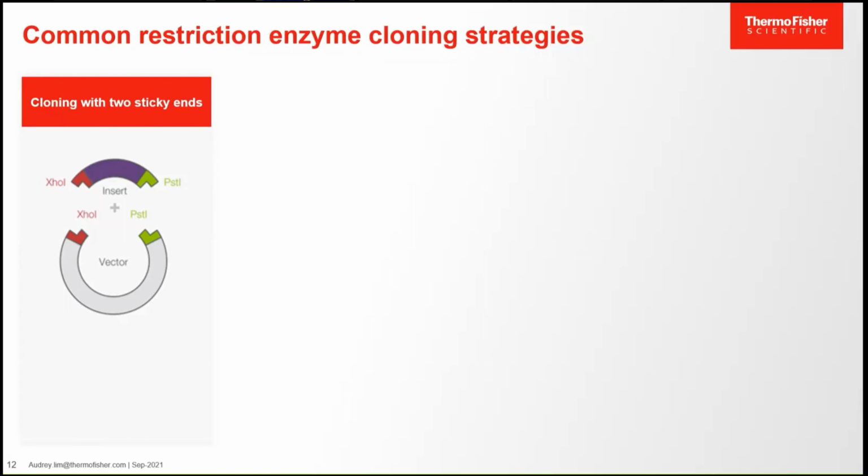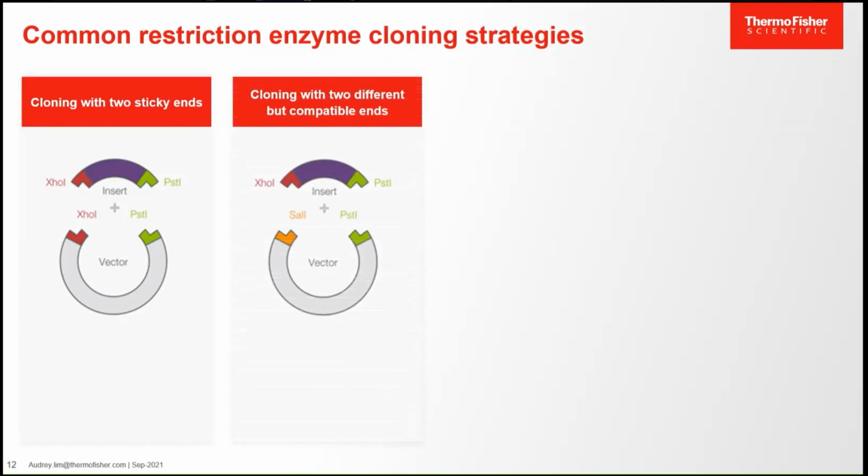This cloning is directional, which means you know the direction of your insert, as there is only one possible way for the insert to join to the vector, using the complementary sticky ends.